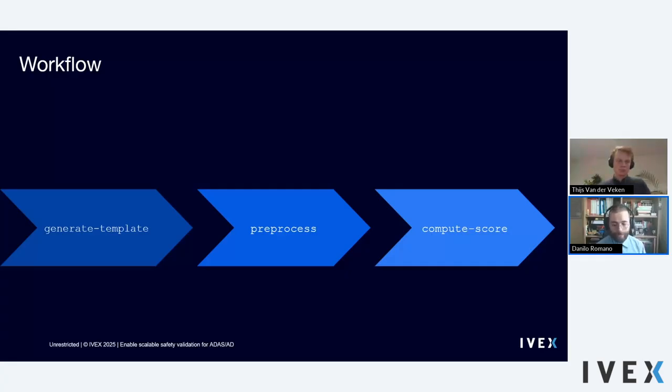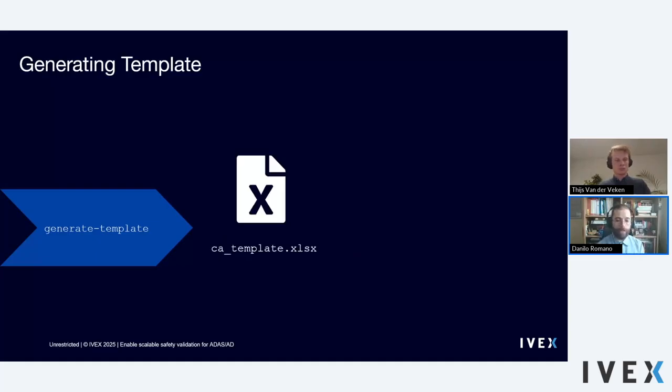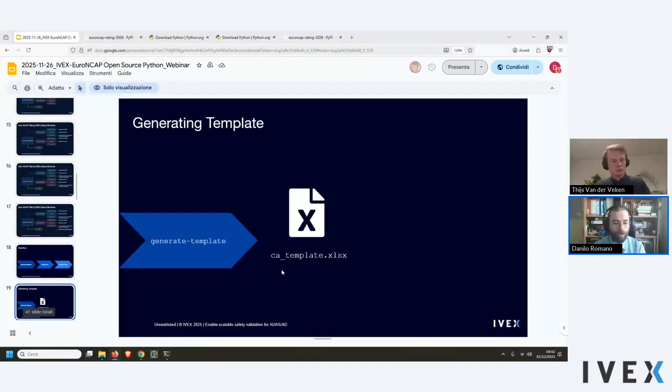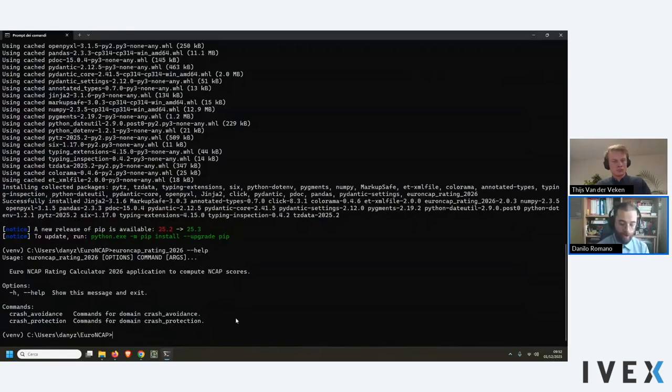So let's start with the crash avoidance command, just for example, but we will do the same for crash protection. And let's start with the first command. So we will have generate template and we will have a template file as output. Let's do it together. By opening again the command prompt that we used before, we can run the generate template command.